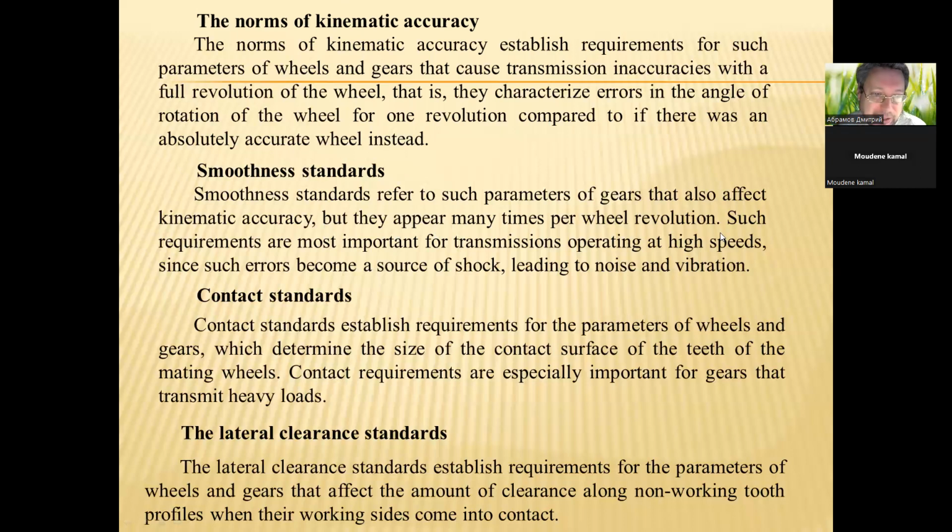Such requirements are most important for transmissions operating at high speeds, since such errors become a source of shock, leading to noise and vibration. Okay, smoothness standards are about vibration in the gear connection.